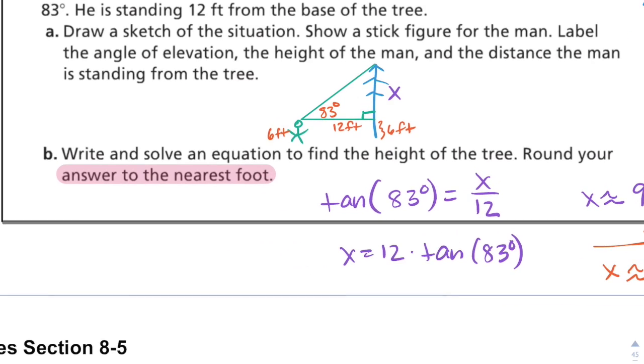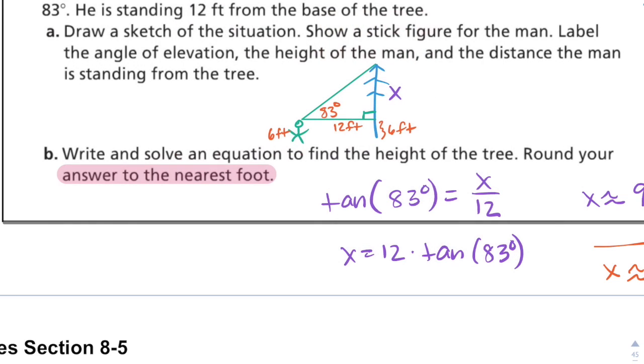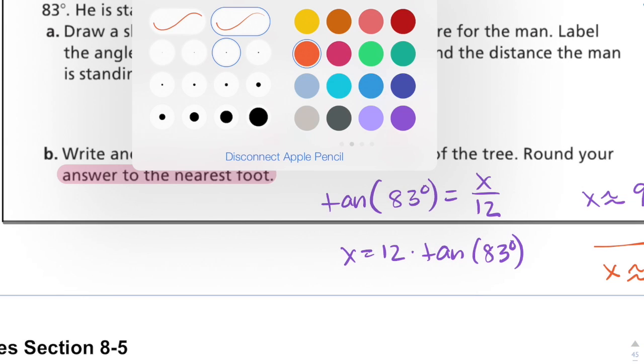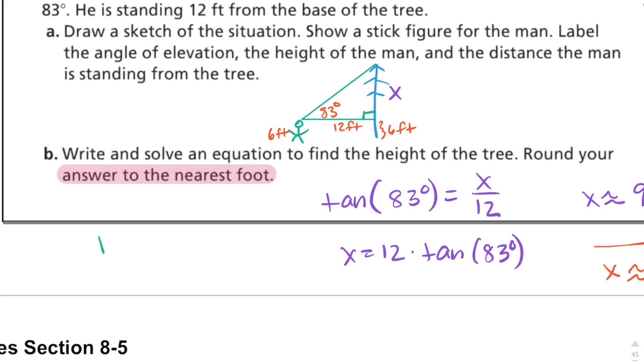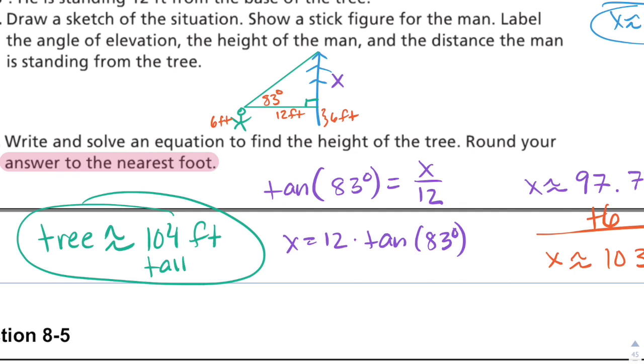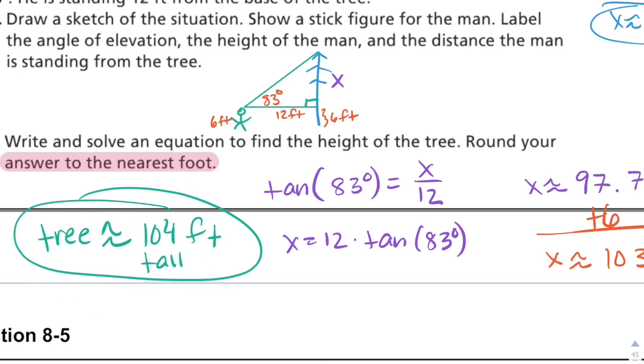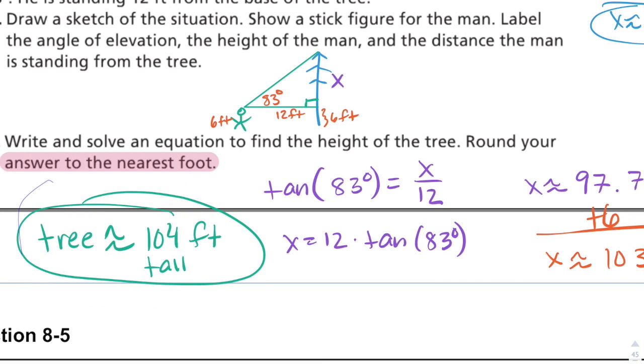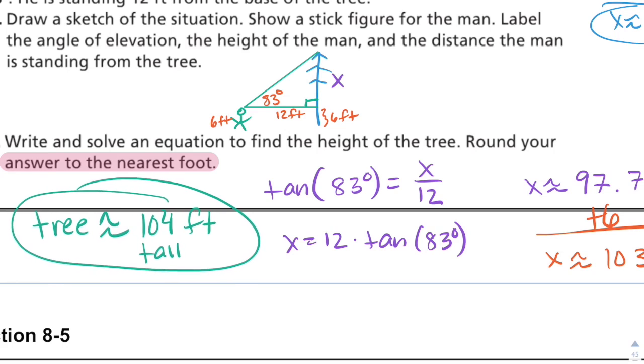We're going to say to the nearest foot that the tree is approximately 104 feet tall.